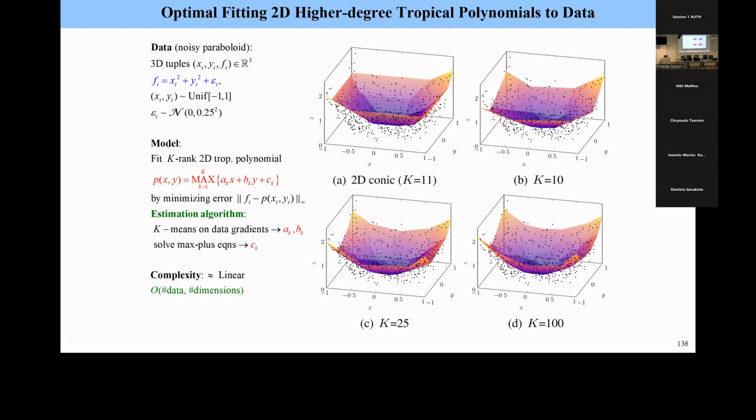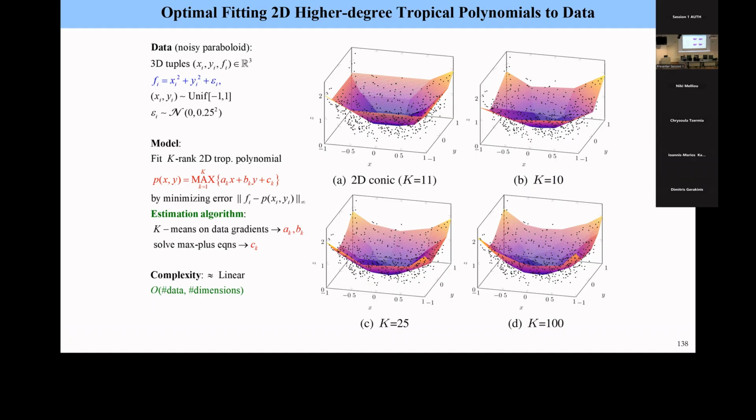And you see how it performs on this noisy paraboloid sample data. We ablated the number k if it's unknown, and we found out that with a fairly small number of k, one can achieve a fairly good regression, close to the regression that one would get if one knew the exact degree of the surface.